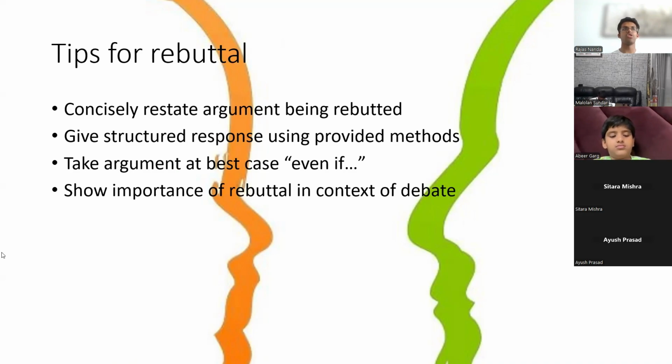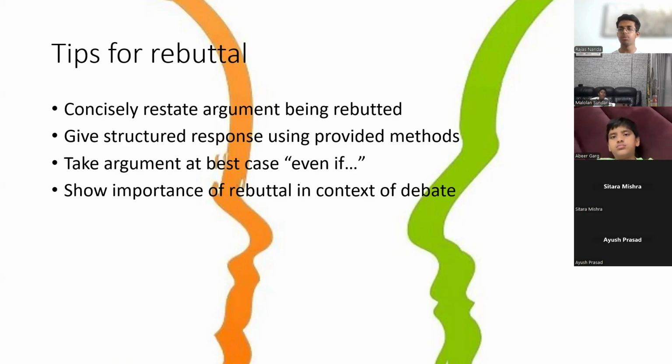What this means is just give a 1 second bullet point saying opposition said this, and in that one sentence, you'd probably restate their headline claim, right? The claim of their argument. And then you can go into your rebuttal because it just makes it clearer what you're actually responding to.